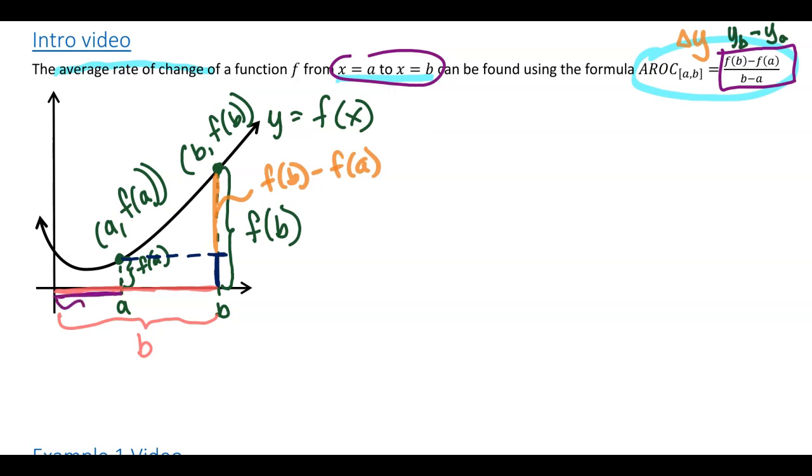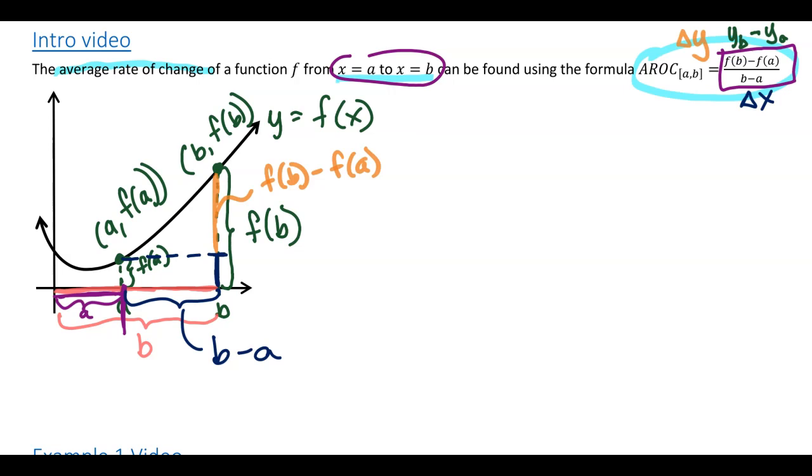This length right here is a units long, and we're supposed to subtract the a from the b. So what we're looking for is what's left over, and that's this little bit right here. That's b minus a, the difference between a and b, otherwise known as run or delta x, if you want to get towards some calculus notation.